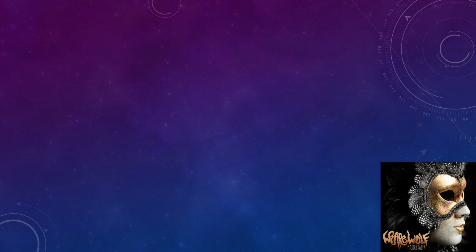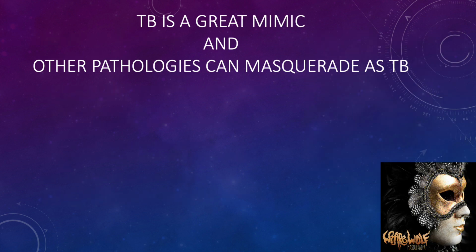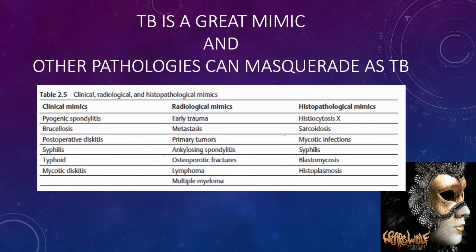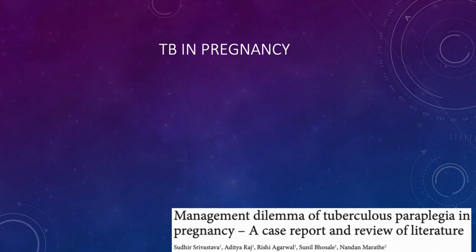It can be seen in other conditions, which I will show just now. As we know, TB is a great mimic and other pathologies can masquerade as TB. The clinical mimics brucellosis, Andersson lesion of ankylosing spondylitis, and sarcoidosis have clinical presentation very close to that of TB.